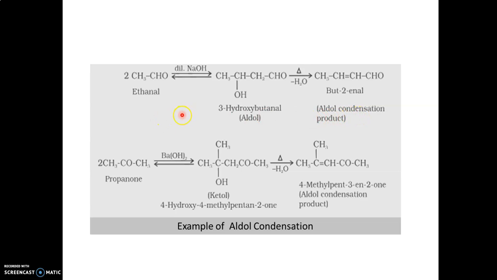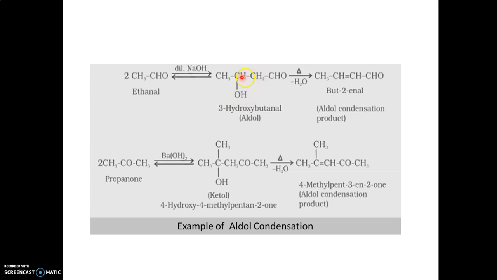The characteristic feature of this reaction is that the product formed is a larger molecule and contains a newly formed carbon-carbon bond. The newly formed carbon-carbon bond occurs between the alpha carbon of one aldehyde molecule and the carbon that was originally the carbonyl carbon of the second aldehyde molecule.